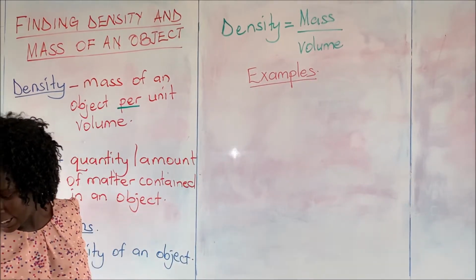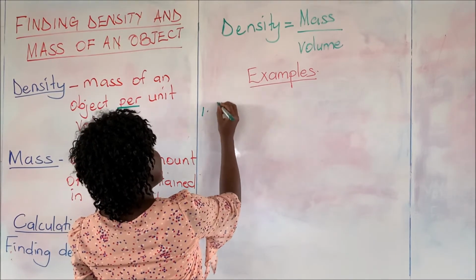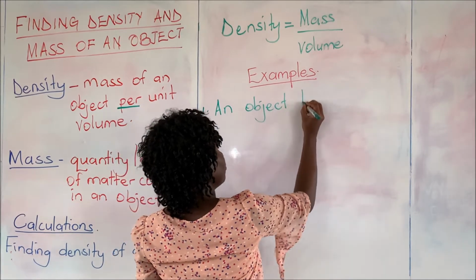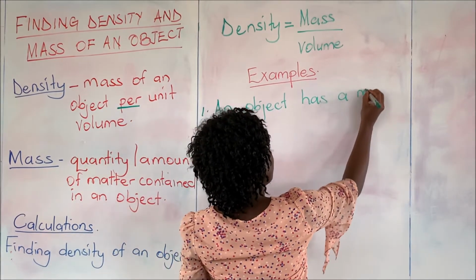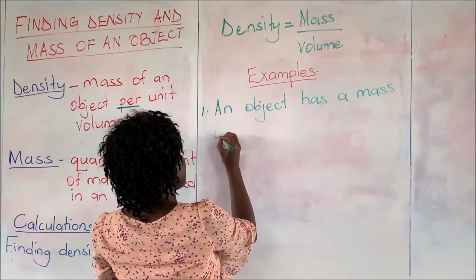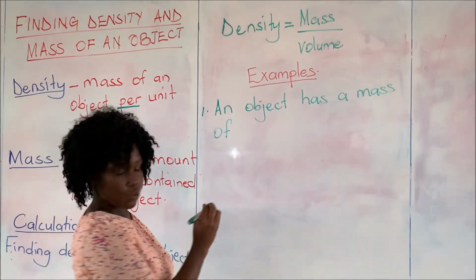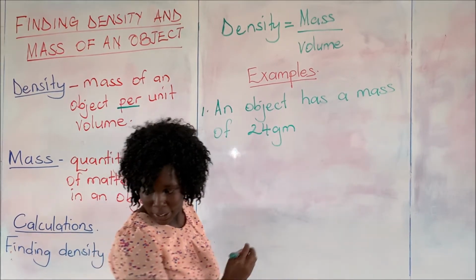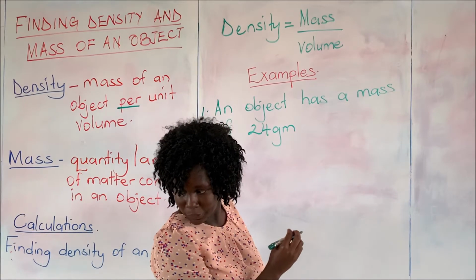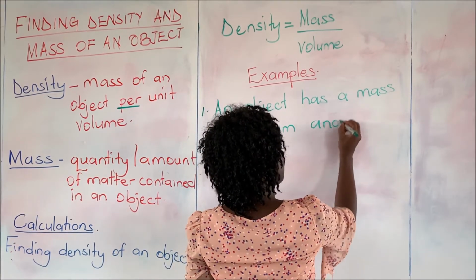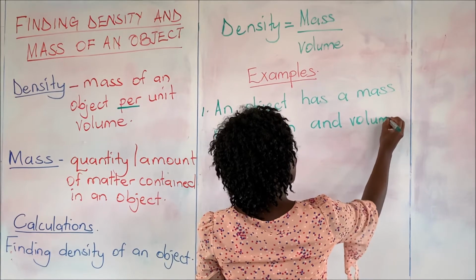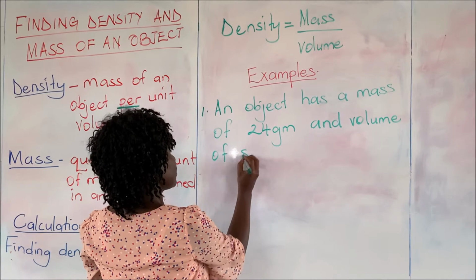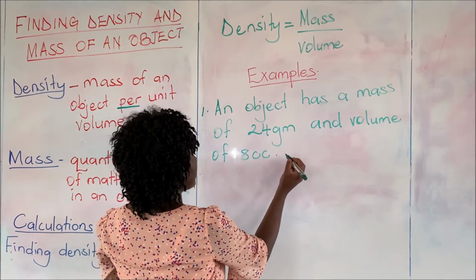Examples. Number 1: An object has a mass of 24 grams and a volume of 8 cubic centimeters.